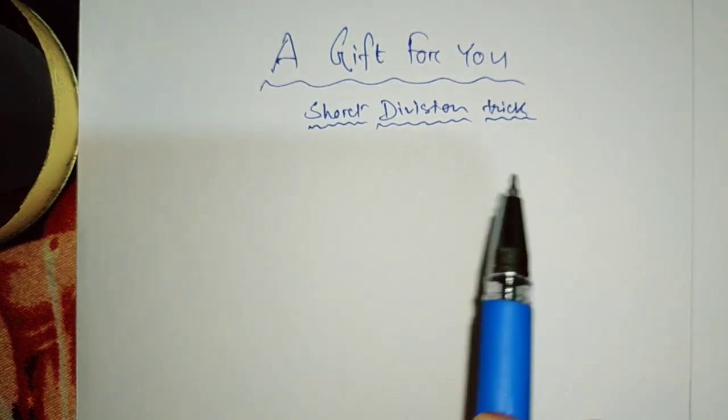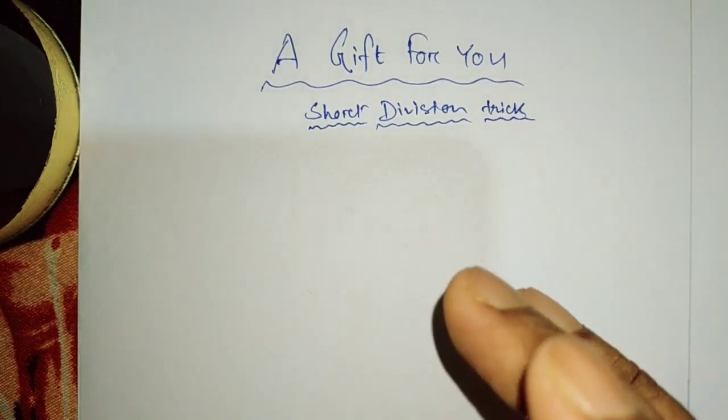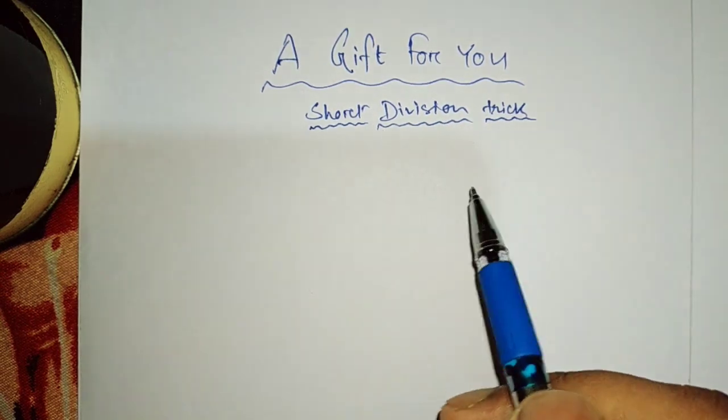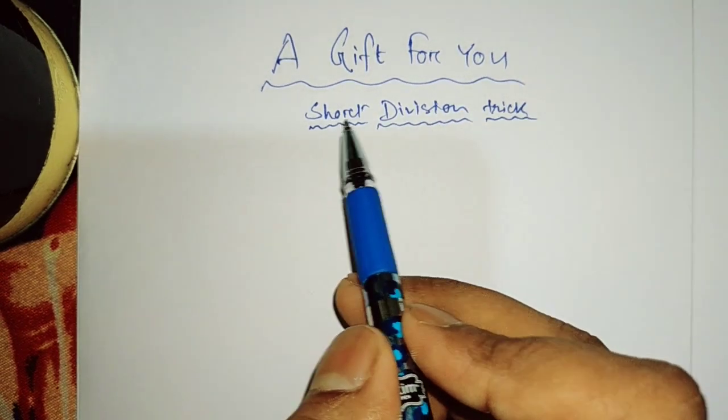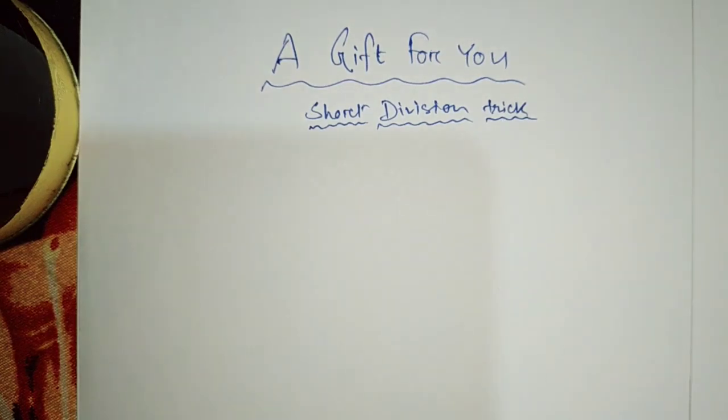With the method I'm going to teach you now, you can divide a number in a very small space. That is called the short division trick, and you will require this in further topics of this lesson. So let's start.